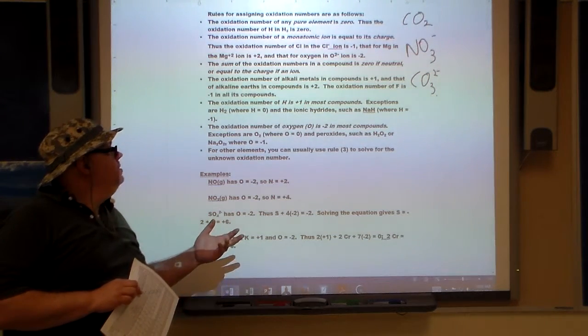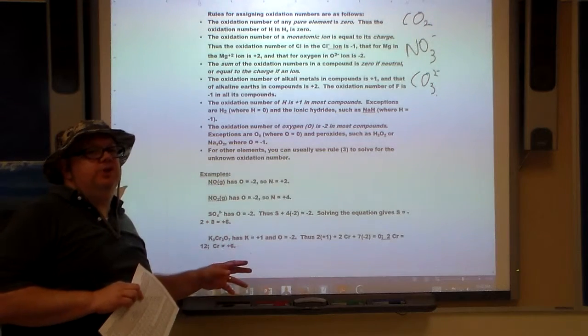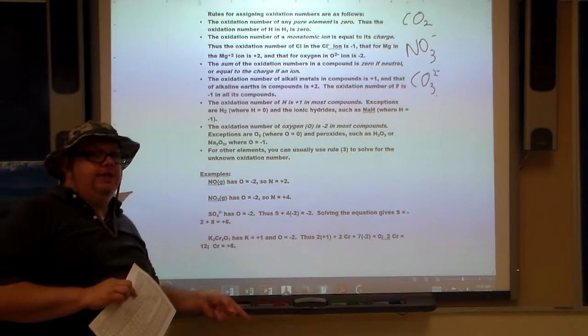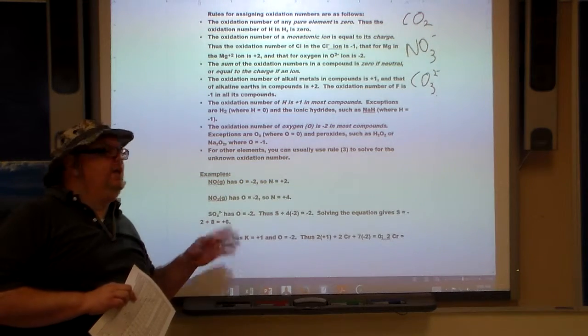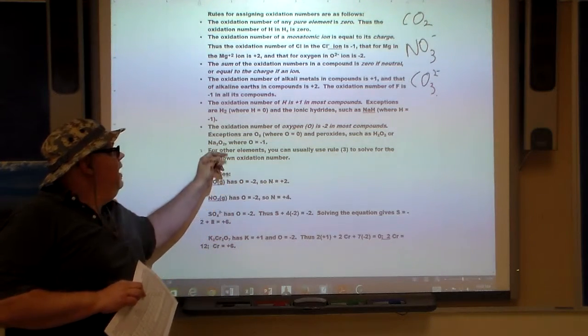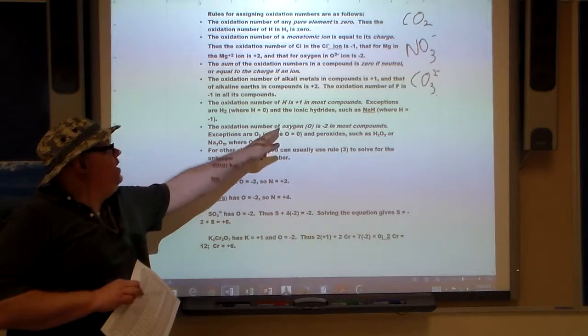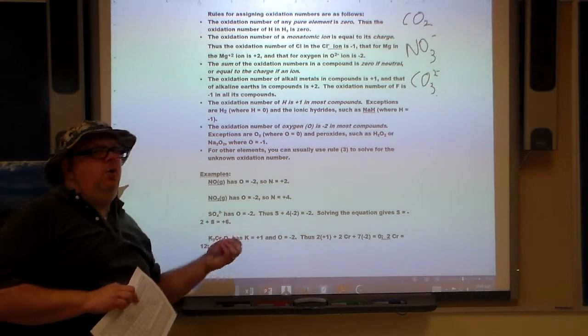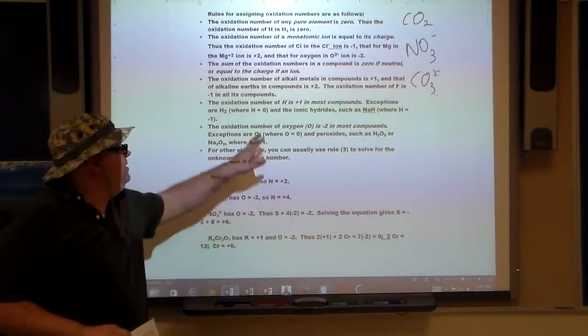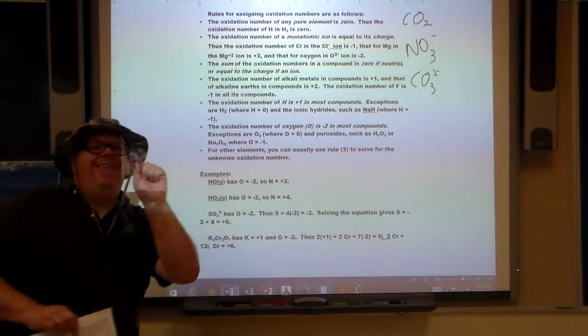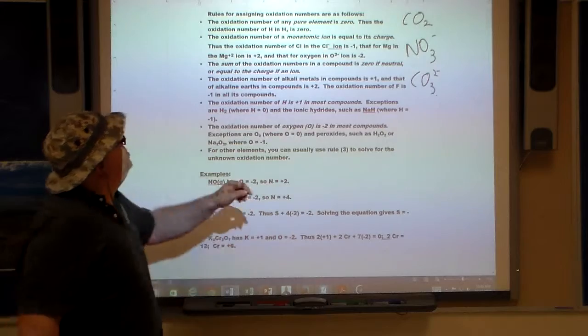Okay? So, usually H is a +1, unless it's connected to some kind of a metal. Then it becomes a metal hydride and that changes it. Okay, nasty stuff. The oxidation number of oxygen, or O, is -2 in most compounds. Now the exception is if you find O2, that's because it's in its natural state.